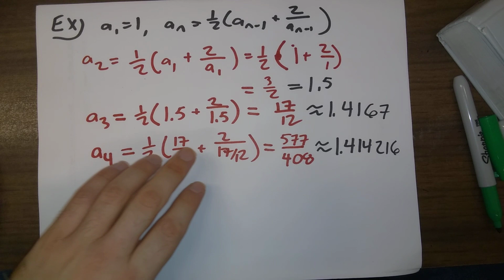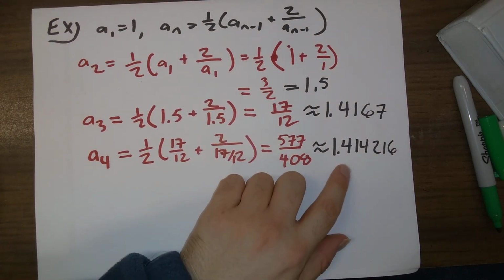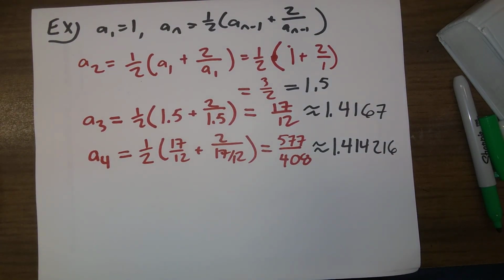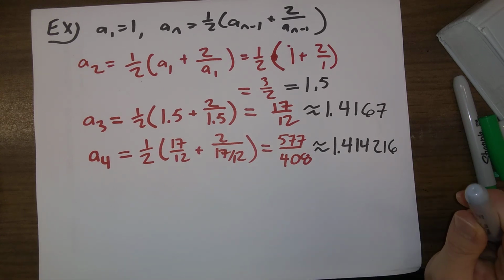Basically, you might think, and it would be a reasonable thing to think, that these numbers, as we keep going, are going to get closer and closer to some value that's roughly 1.414216. And not only that, but if you're really clever, you might notice that this number might look a little bit familiar. This number is approximately the square root of 2.